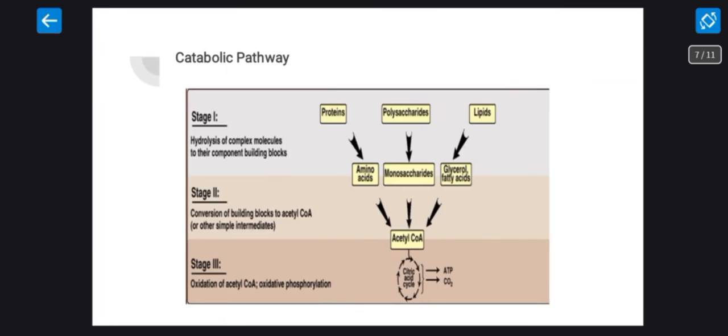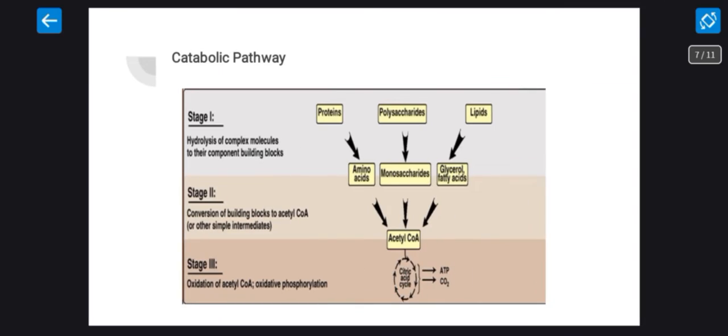This is a simple diagram of the catabolic pathway, which is divided into three stages. Stage 1, hydrolysis of complex molecules to their component building blocks. Stage 2, conversion of building blocks to acetyl CoA or simple intermediates.